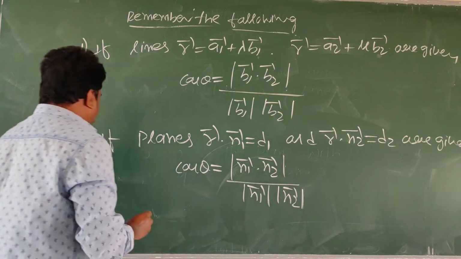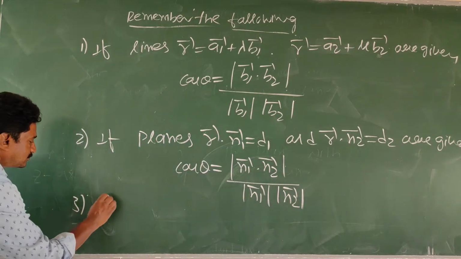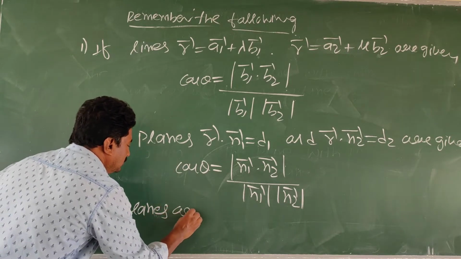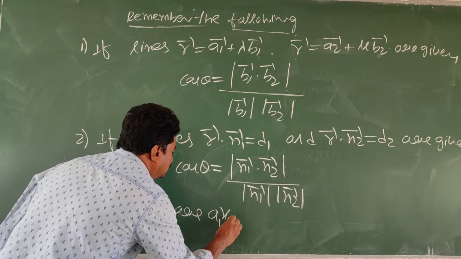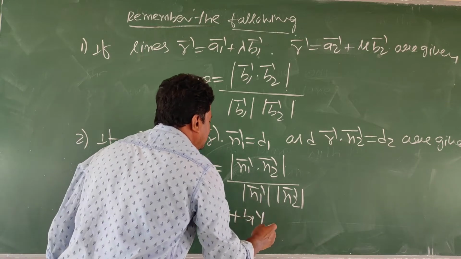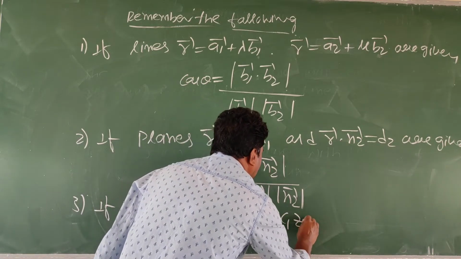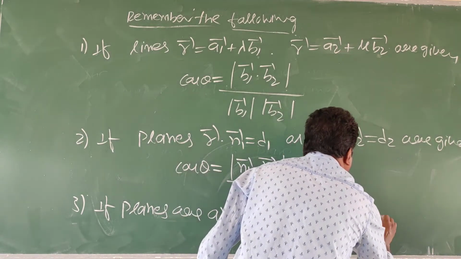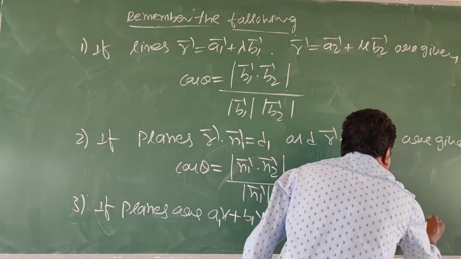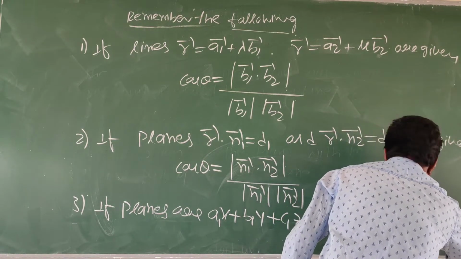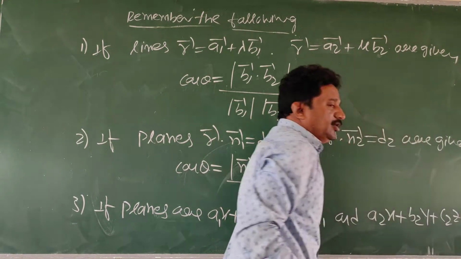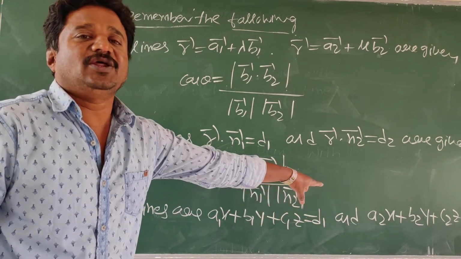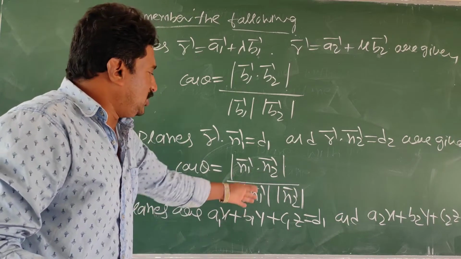Suppose the planes are a1x plus b1y plus c1z equals d1 and a2x plus b2y plus c2z equals d2. If planes are given in Cartesian form, again you use the same formula.